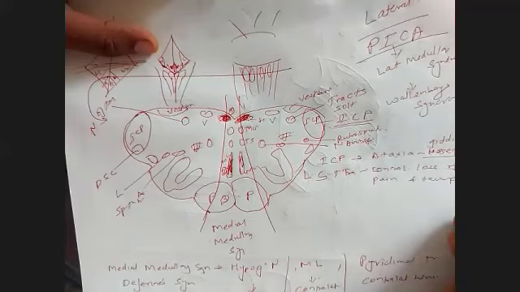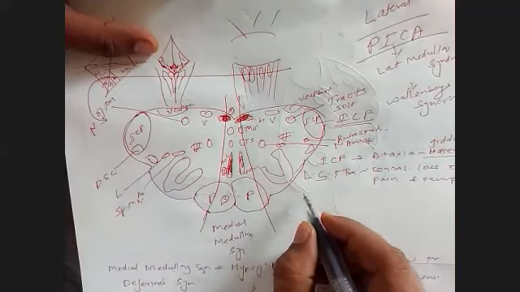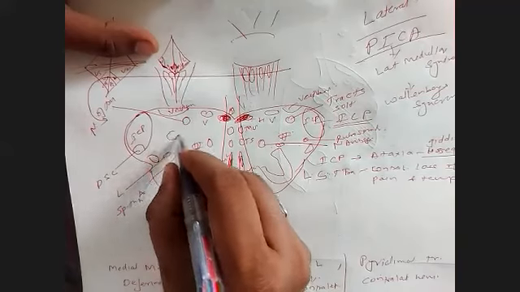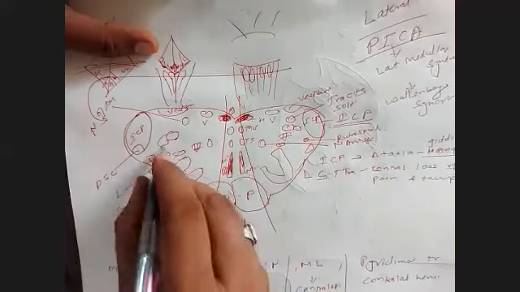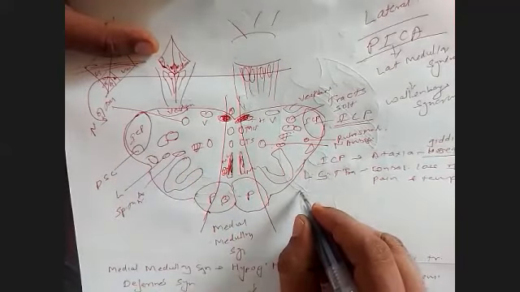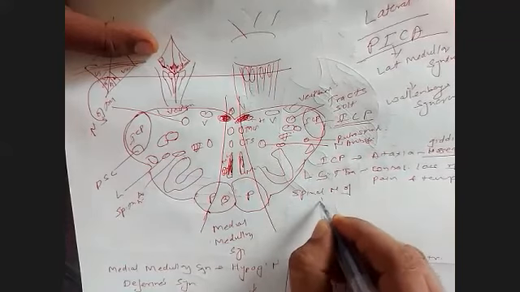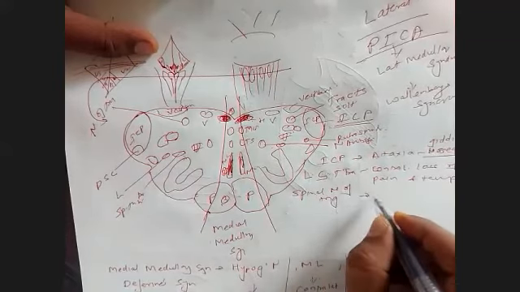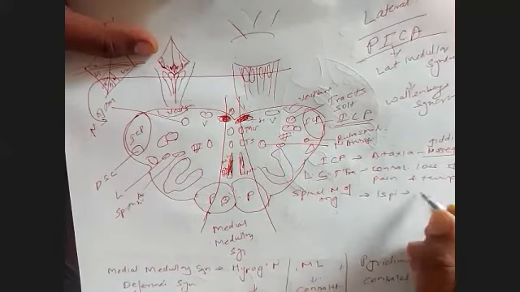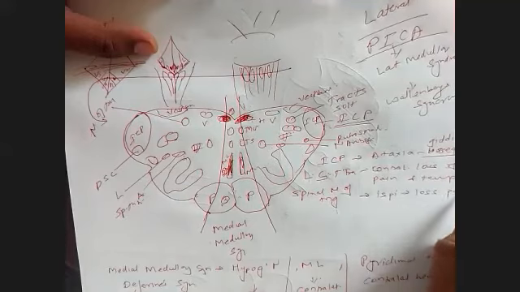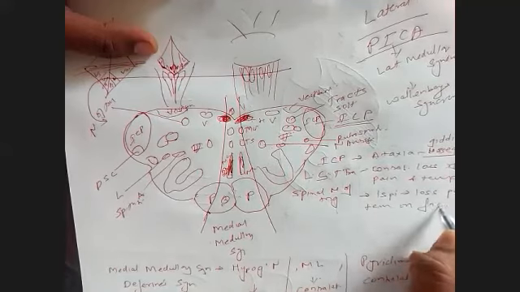Then what is affected? Here we also have to show the spinal nucleus of trigeminal and the trigeminal tract. When the spinal nucleus of trigeminal is affected, there is ipsilateral loss of pain and temperature on the face.